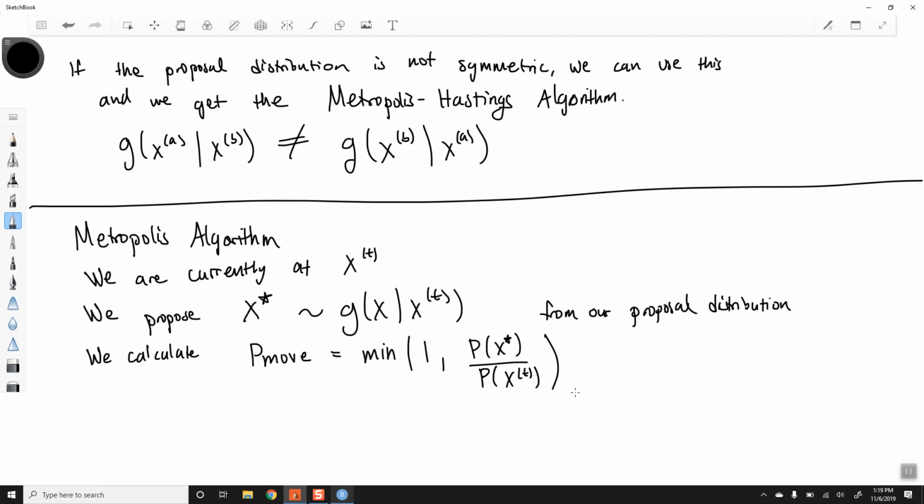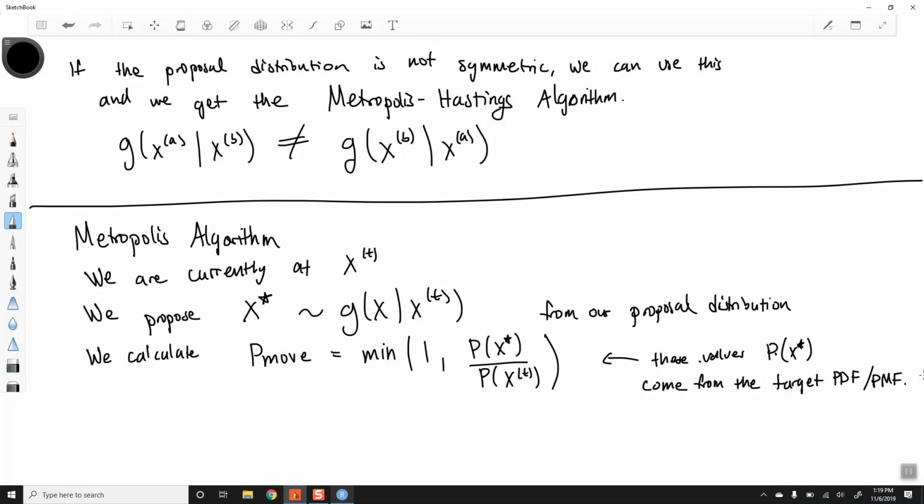If the proposed value is greater than the current value, your probability of moving is exactly 1. If the ratio is less than 1, that's our probability of moving. These probability values come from the target PDF or PMF.